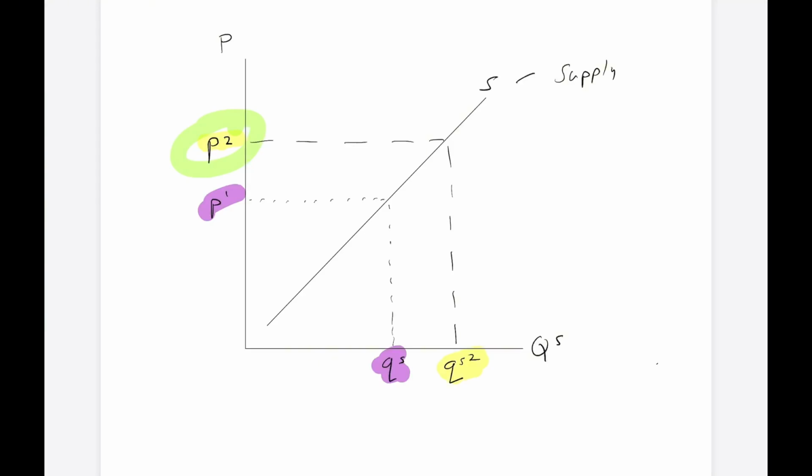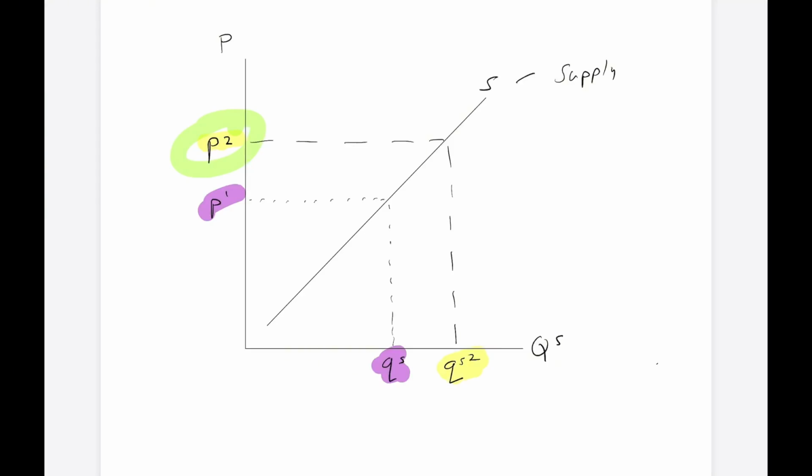And if you remember from a previous video and a future video, the formula for profit is the total revenue minus the total costs. Therefore, if the firm receives more revenue for selling their products because the price is higher, that means they're going to be more willing and more able to supply more products at the higher price.